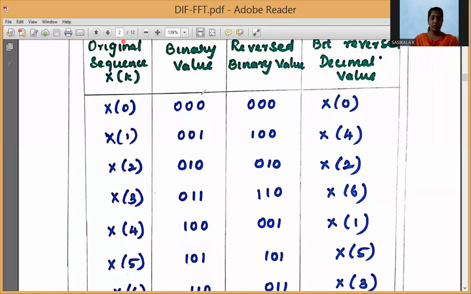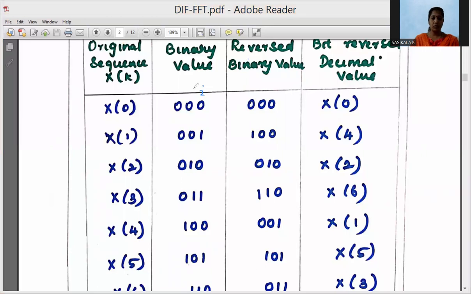So here this is 2 power 0, this is 2 power 1, 2 power 2. So what is 2 power 0? 2 power 0 is 1, 2 power 1 is 2 and 2 power 2 is 4.